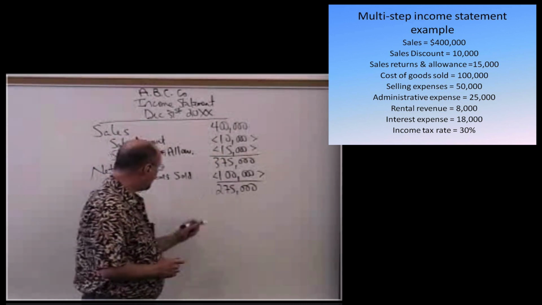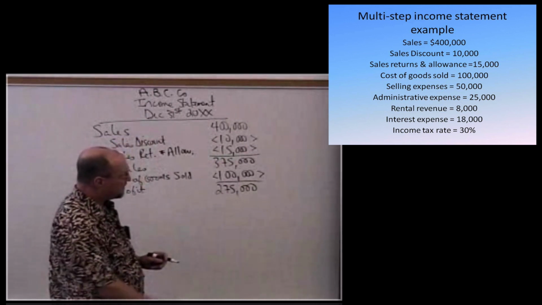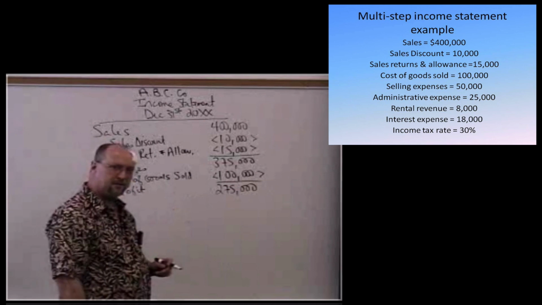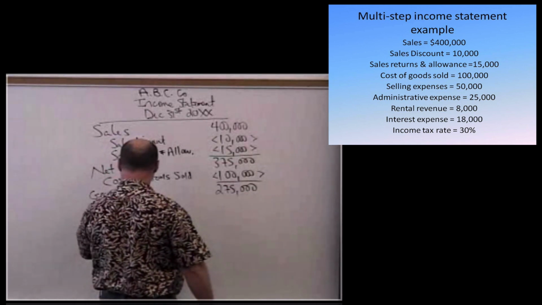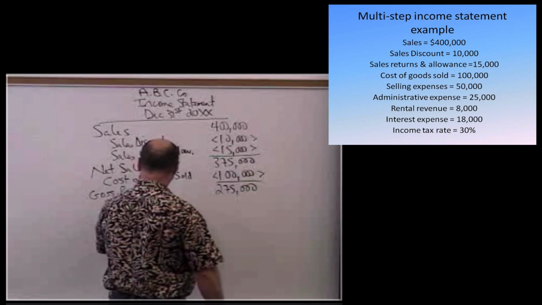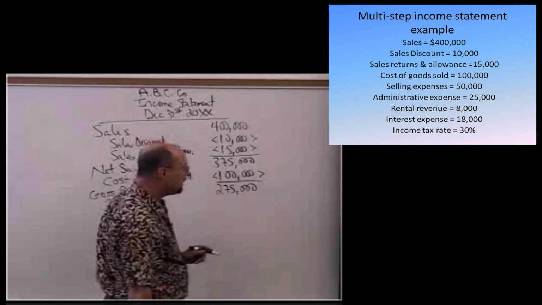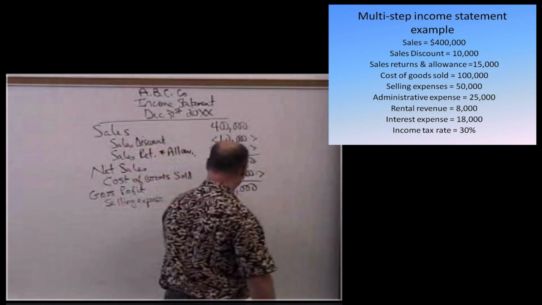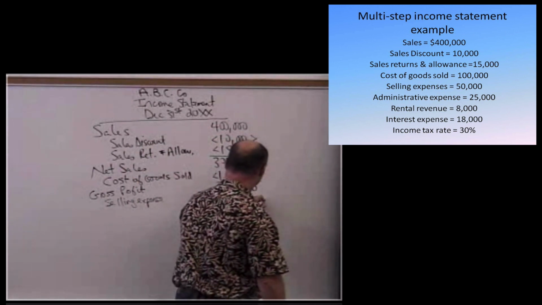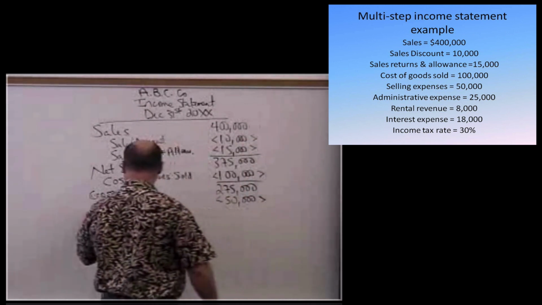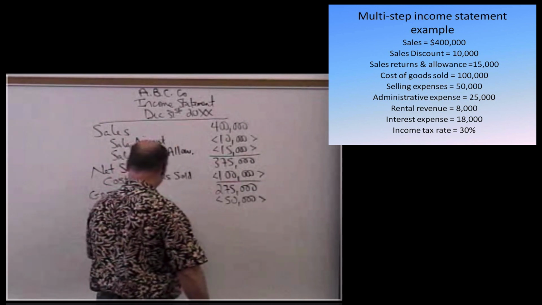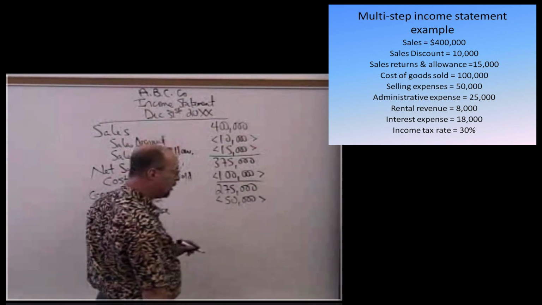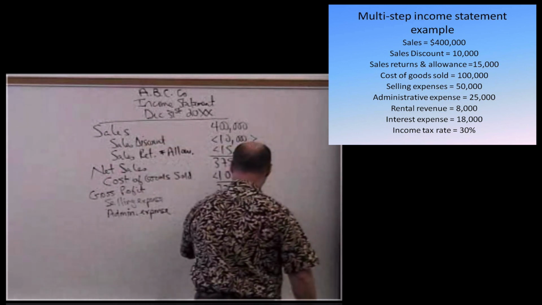Okay, from gross profit, I'm going to subtract my operating expenses, selling expense and admin expense. My selling expenses are $50,000. My administrative expenses, I'm just going to abbreviate, admin expense, are $25,000.